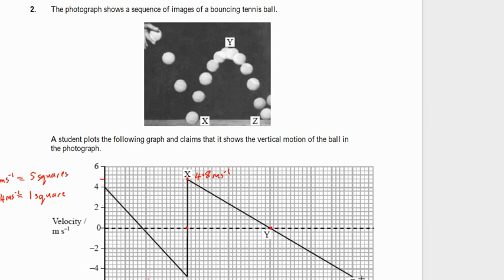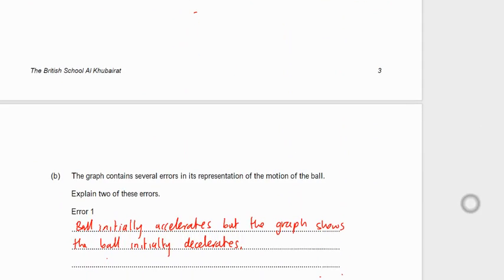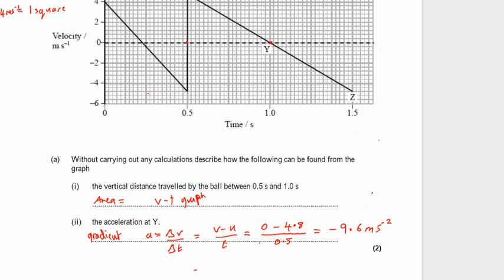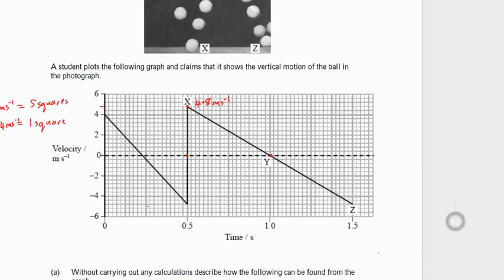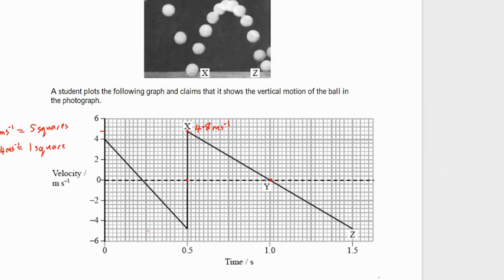It should start off at 0 and get more and more negative. Here we see it starts off at 4 and it drops down to 0. That is an incorrect representation. So what have I written? The ball initially accelerates, but the graph shows that it decelerates. That's showing it's decelerating, but we know that the ball does speed up.